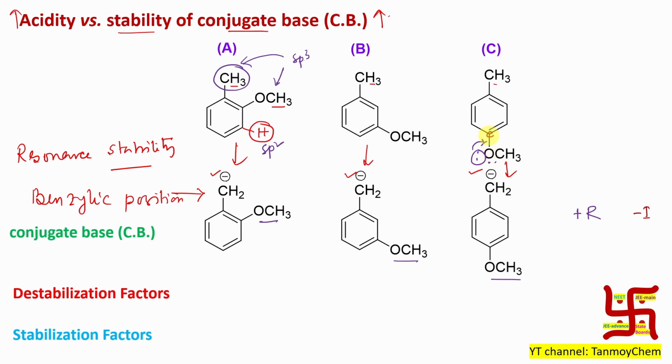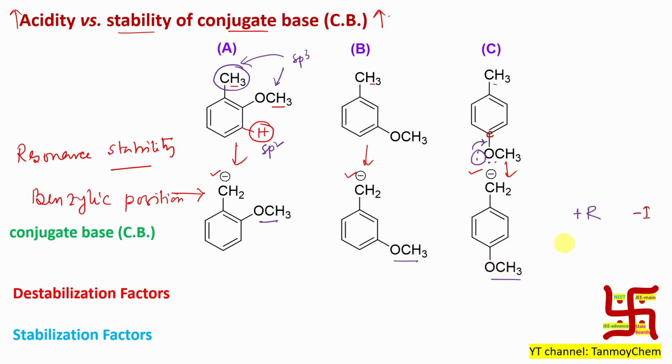Consequently the polarization of this sigma bond is toward oxygen: oxygen will be delta negative, carbon will be delta positive. Oxygen pulls some electron density from this bond because of its higher electronegativity. That is designated as minus I, which operates through the sigma bond, while R operates through the pi network. This is the difference.